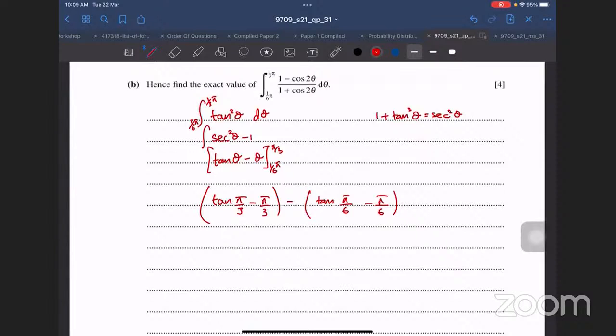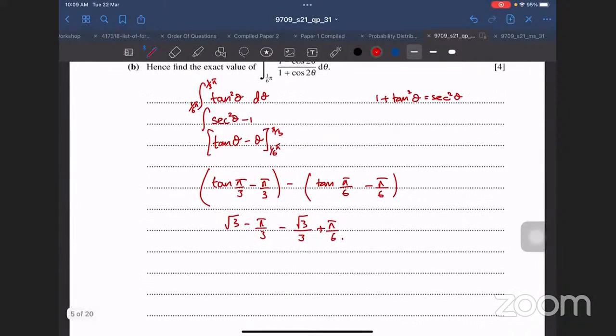Okay, tan pi over 3 is, just to be sure, √3. And this one is √3 over 3 plus pi over 6.